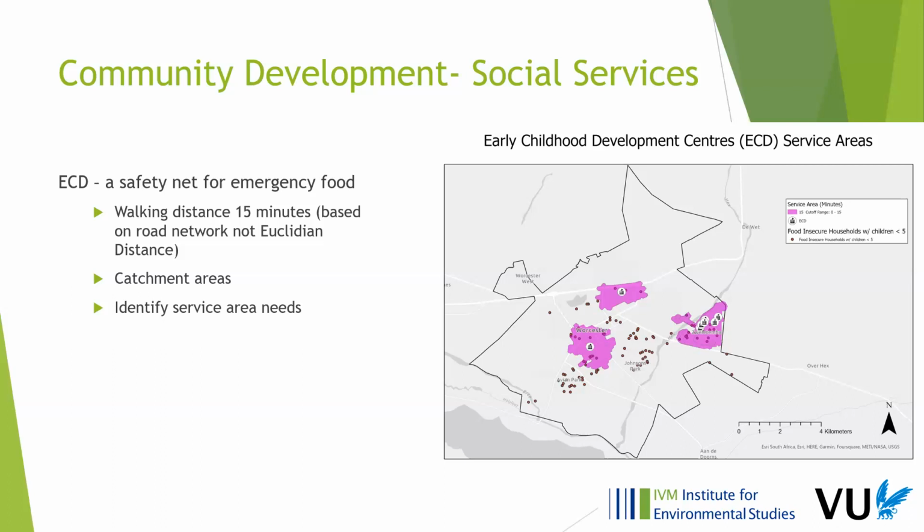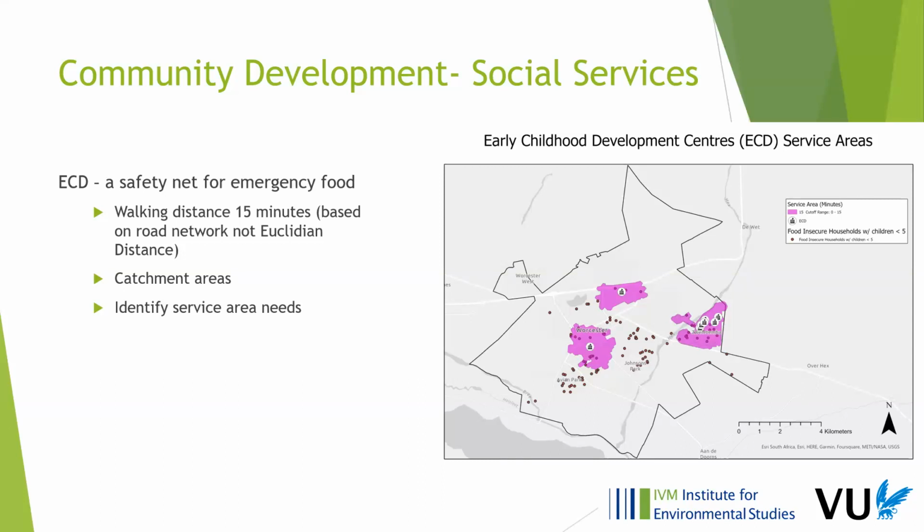And again, this is based on the road network and not the Euclidean distance. So I wanted to capture all the food insecure households within a 15-minute walk to their closest early childhood development center.